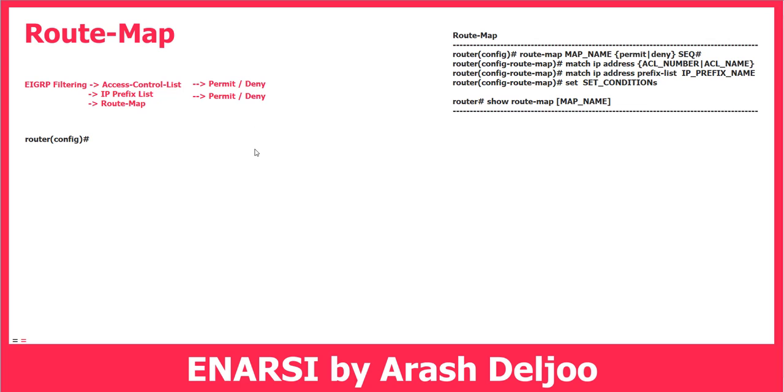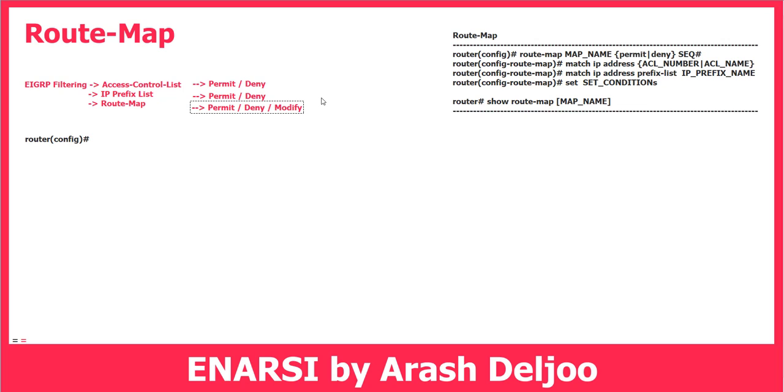The difference between the ACL and the IP prefix list is related to the conditions. In the roadmap, you can permit and also deny the routes, and also you can change or modify the updates or the information.